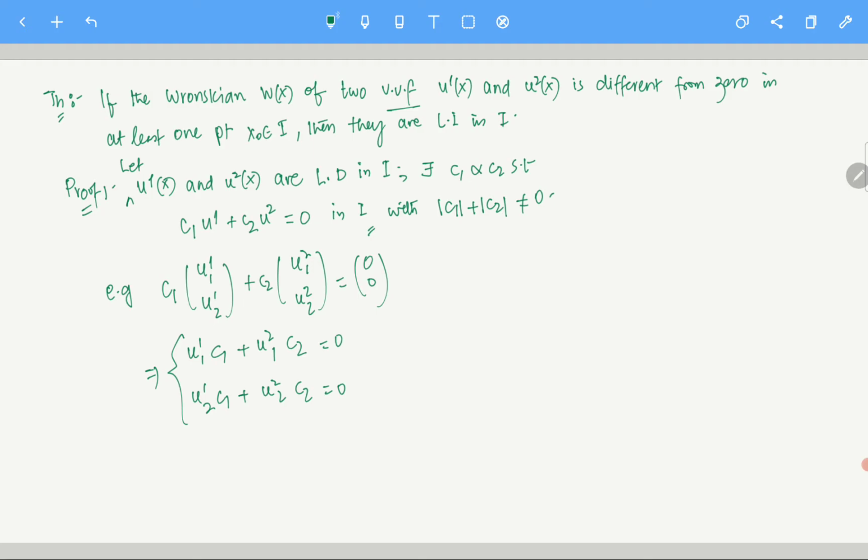What sort of solution can you expect from this system? Of course, C1 equals C2 equals 0 is always a solution, but that is not the case here, because we have C1 and C2 non-zero, it is given. So essentially this system of equations has a non-trivial solution. That is what it means. Is this fine?